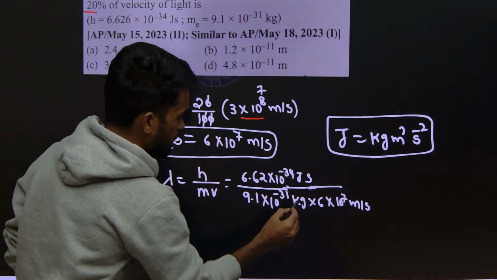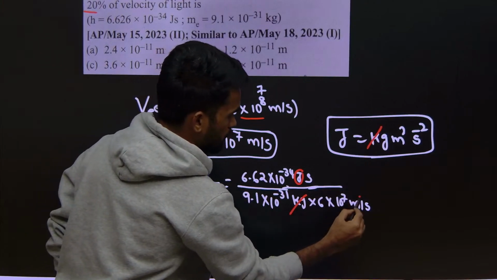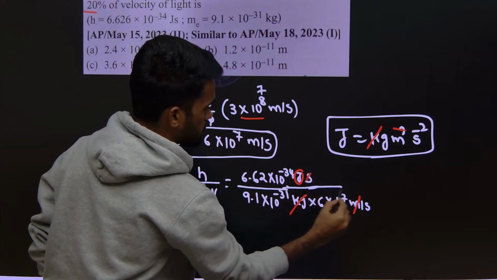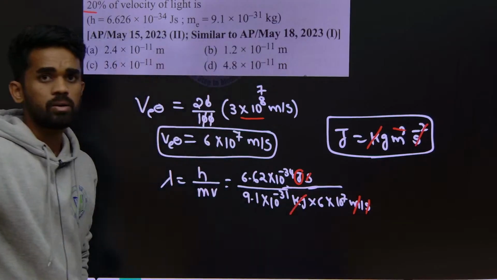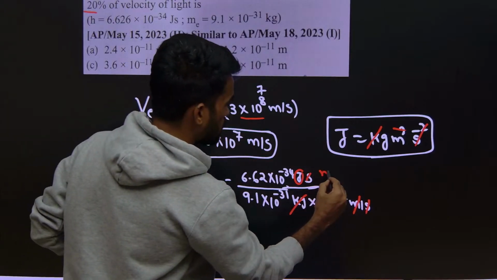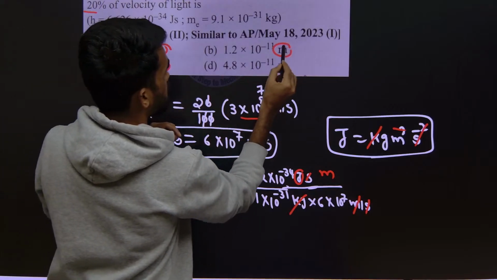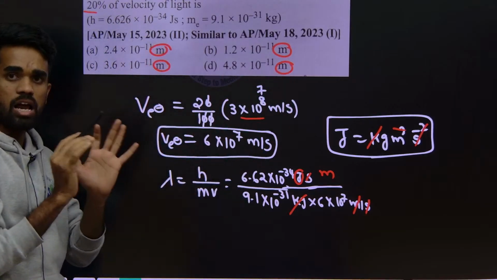So from this, in the place of joule I can remove this kg and meter square, this second and second inverse square. Okay, we can remove. So we are having only units in terms of meters. So now our answer is also in terms of meters, yes. So it means we are almost doing it correct.